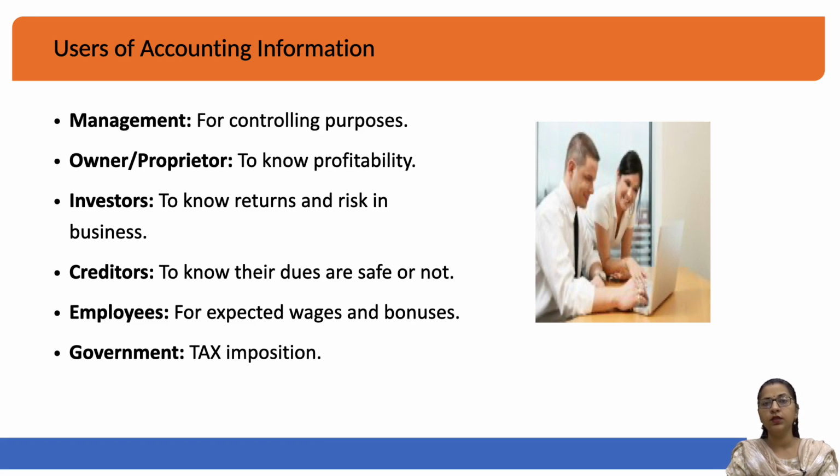The second person who would be interested in your accounting information would be the owners of the business, or we can also call him a proprietor if it is a case of a sole proprietorship. Dear students, from the perspective of companies, organizations, there are three forms as we know. The first one is sole proprietorship, the second one is partnership, and the third one is a company form.